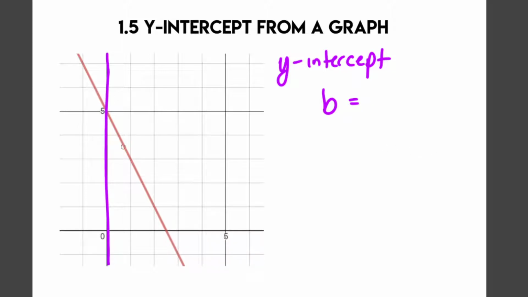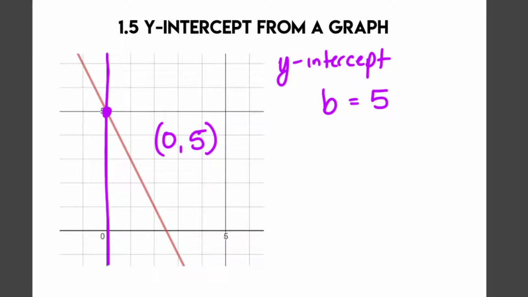And we are looking for where it crosses with this red line, which in this case happens right here, at the point of 5. Right there. So it's at 0, 5. So my y-intercept b is equal to 5. Or in other words, from 0, counting up, 1, 2, 3, 4, 5.